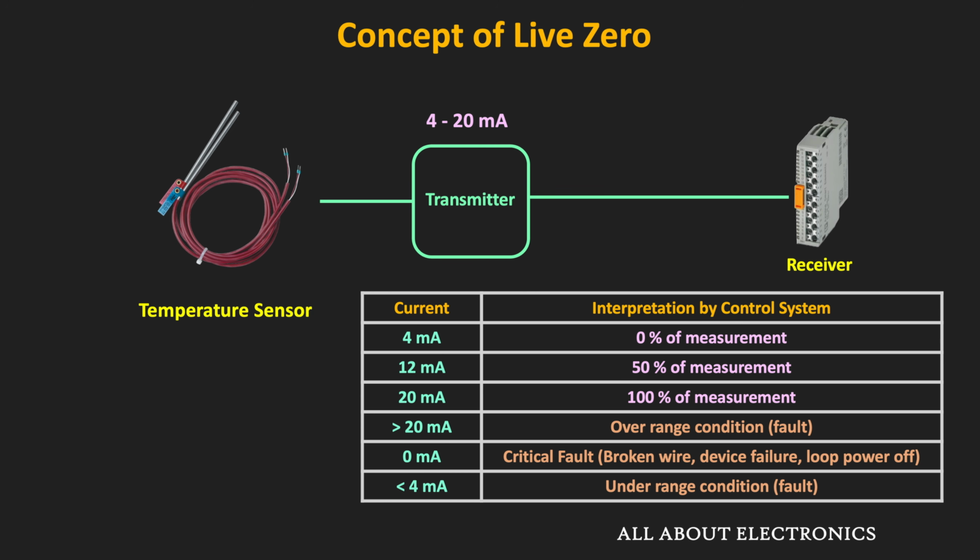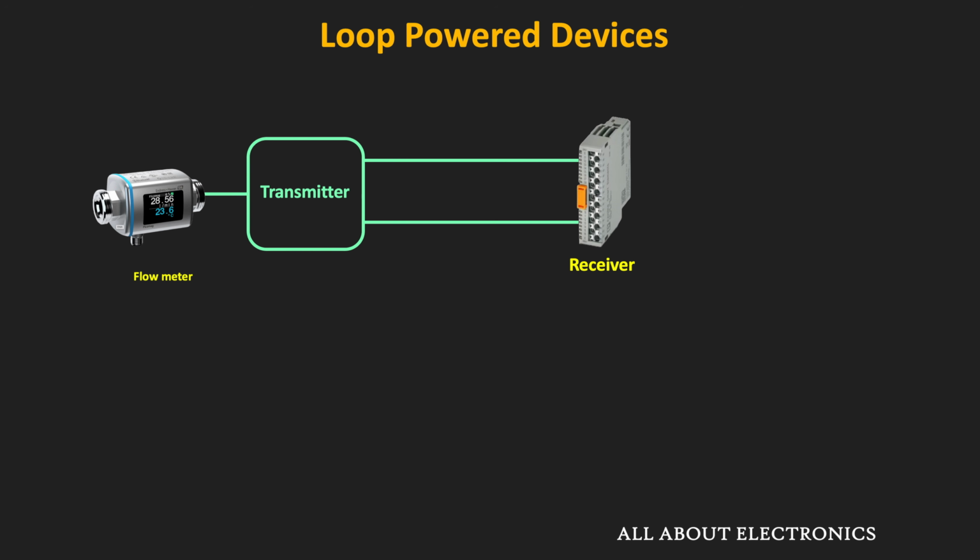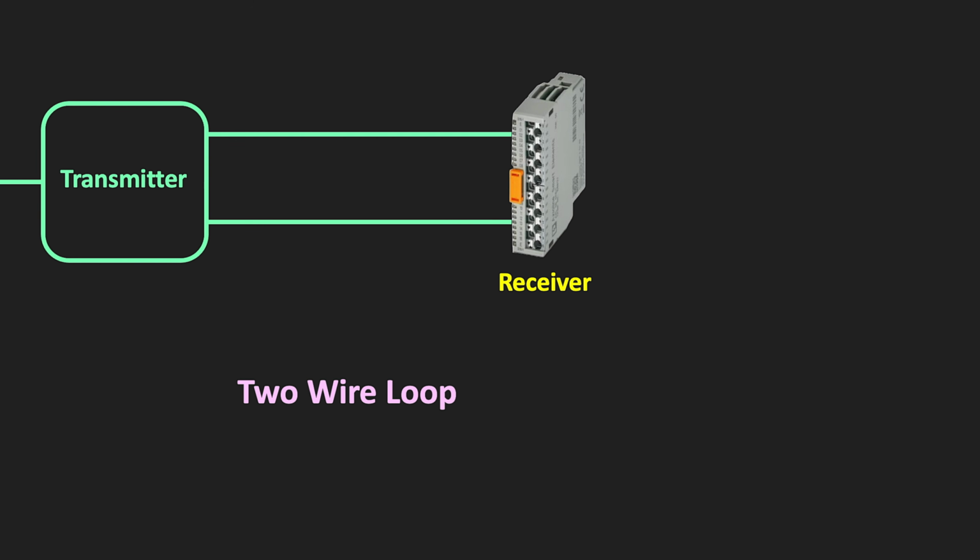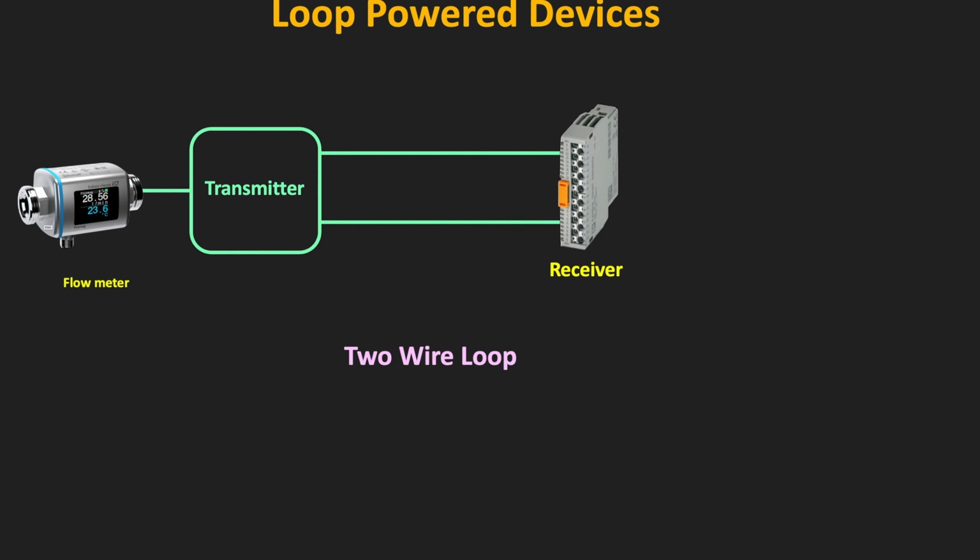So if you see this 4 to 20 milliampere standard, then it is the two wire loop. That means on these two wires, the signal current is flowing between the transmitter and the receiver. Now the advantage of this method is that using the same two wires, it is also possible to power up the transmitter. So nowadays, the receivers themselves are capable of powering this 4 to 20 milliampere loop.